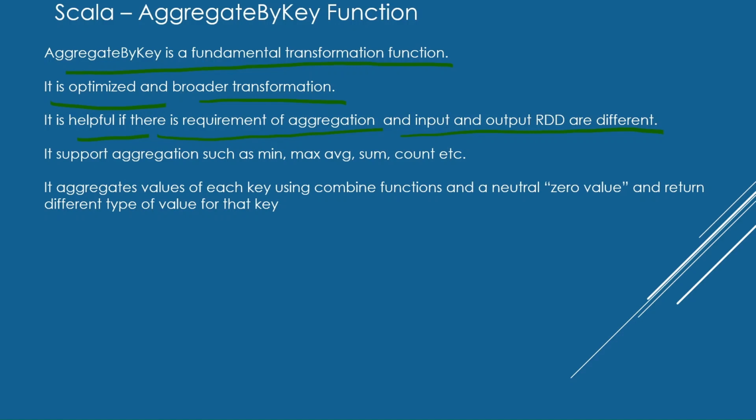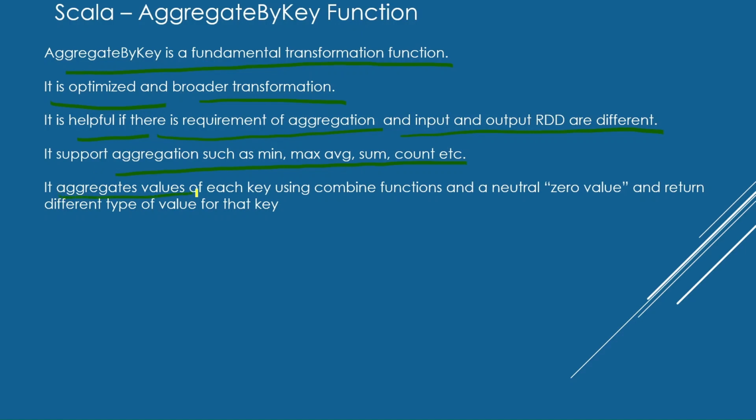So if the input is in one form and you want the output in another form, we can use the aggregateByKey function. It supports aggregations such as mean, max, average, sum, count. These are the aggregations that the aggregateByKey function generally supports.